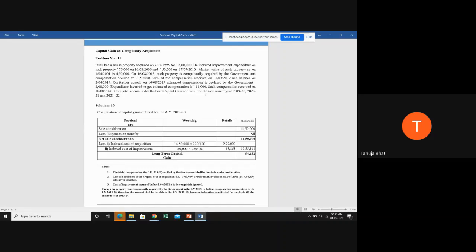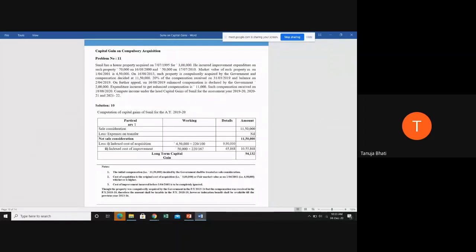What do you mean by enhanced compensation? And when is it taxable? Enhanced compensation means compensation that the assessee is receiving over and above the initial compensation.